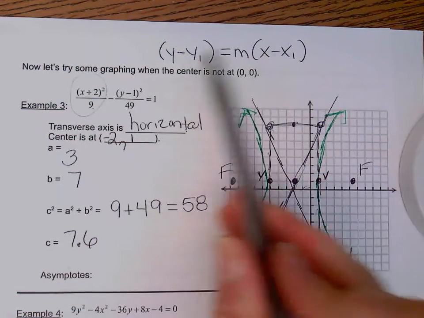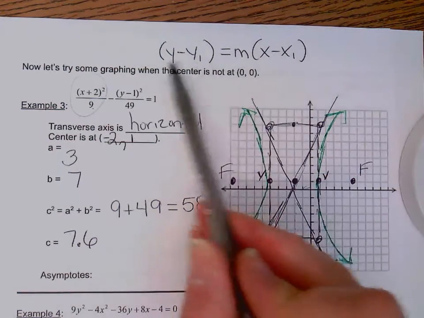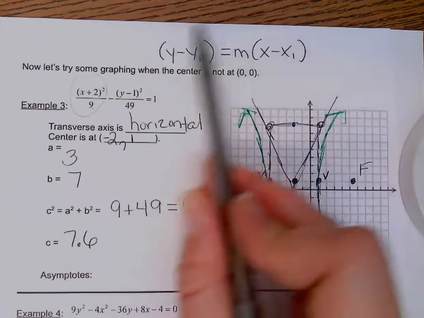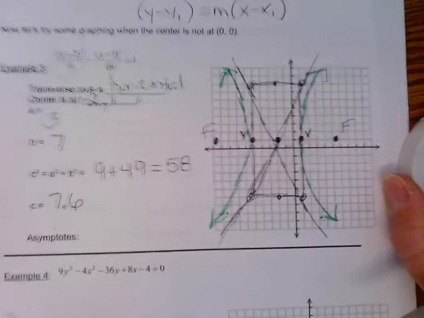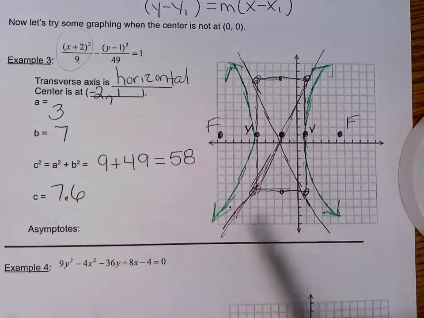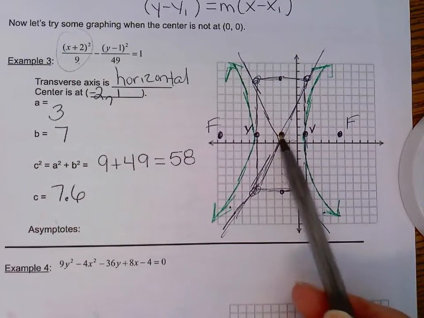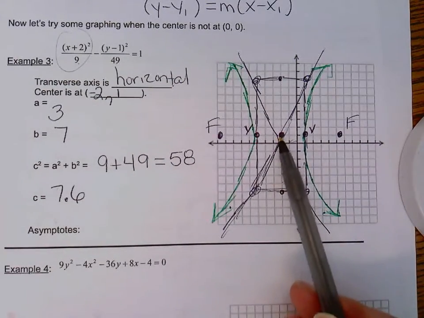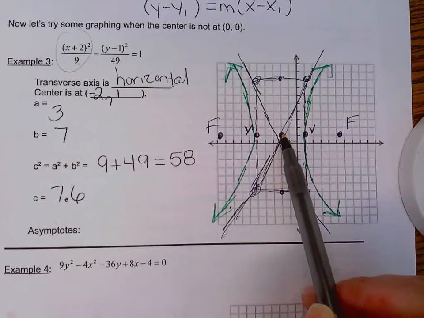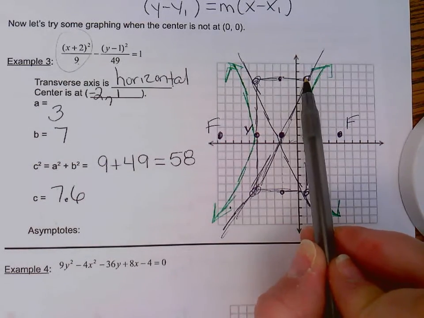So if you know a point on the line, x comma y, and you know the slope, you can use point slope form. Then you don't need the y-intercept. So in this equation, both of these asymptotes go right through that center point. So I know a point that lies on the asymptotes themselves, and I know the slope. I went up 7 and over 3.